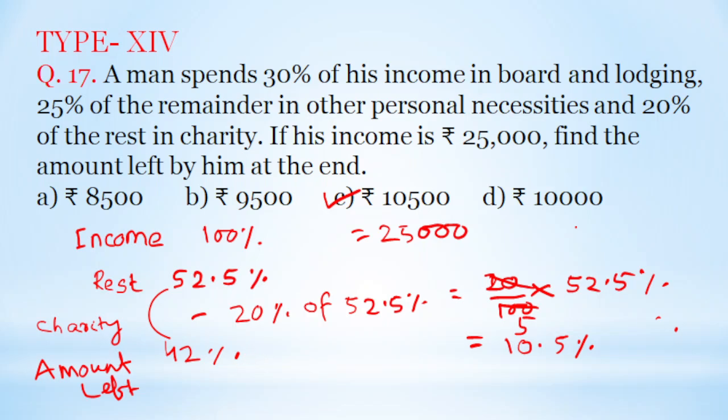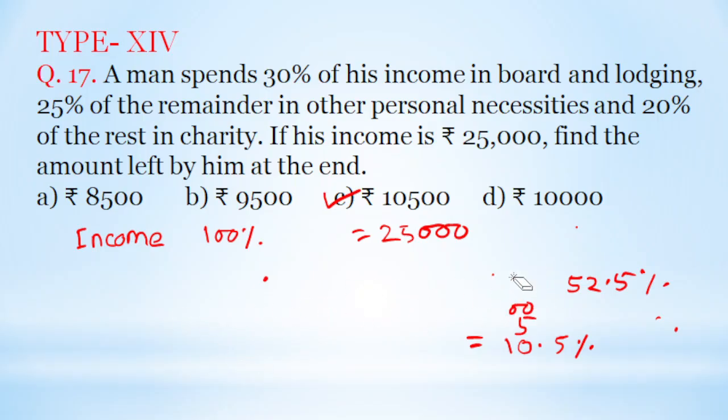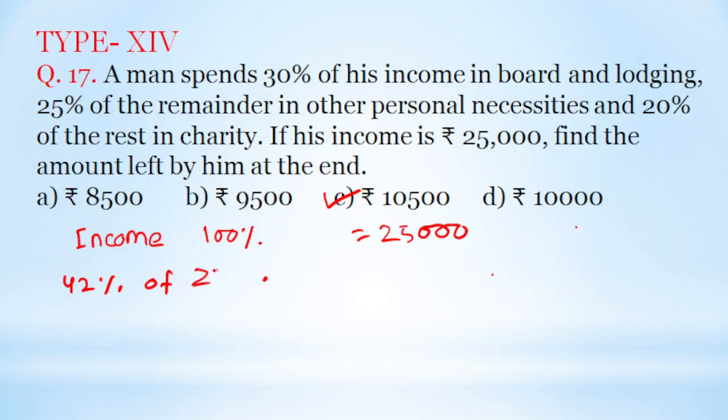So the man has left with him 42% of his original income, which is 42% of 25,000.